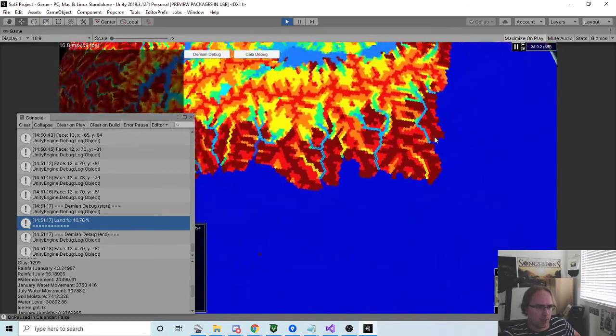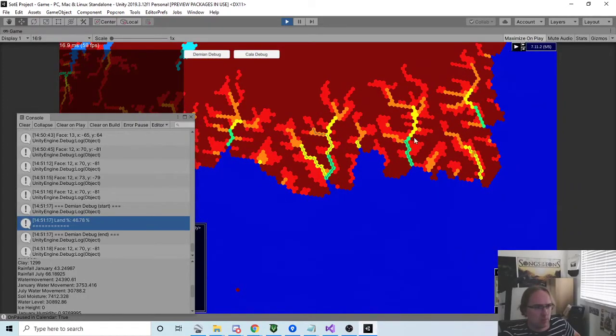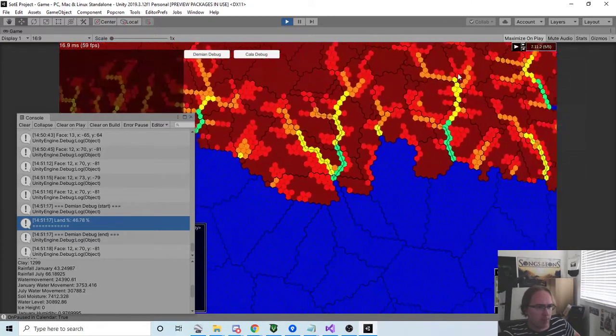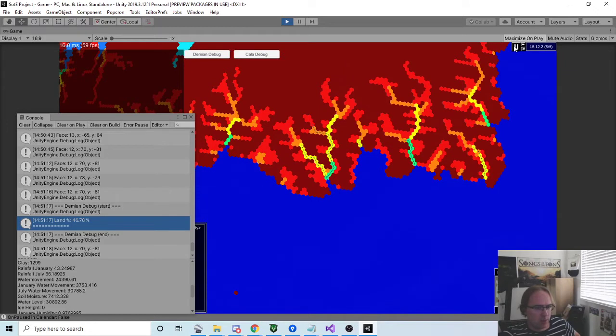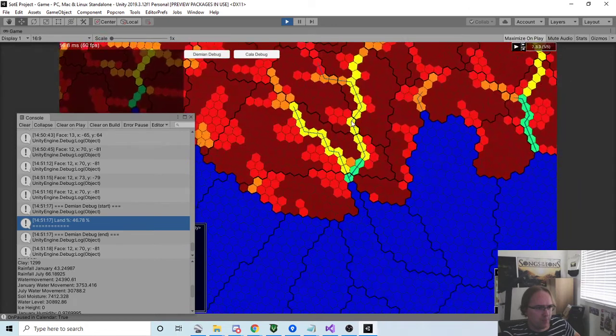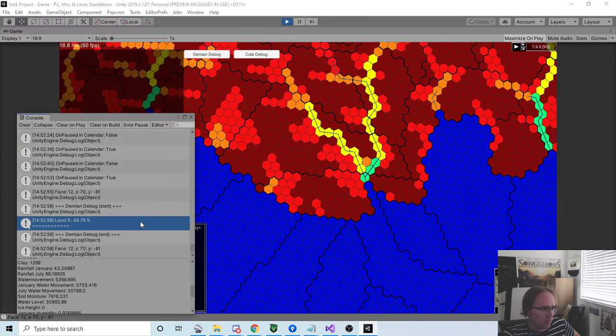Alright, so let's let the glacial melt die off here. Alright. Let's run it through the dry season for a while. So in theory, water should be draining out of that tile. Okay. So it was around 7,412. Now it is 7,616 accumulated.